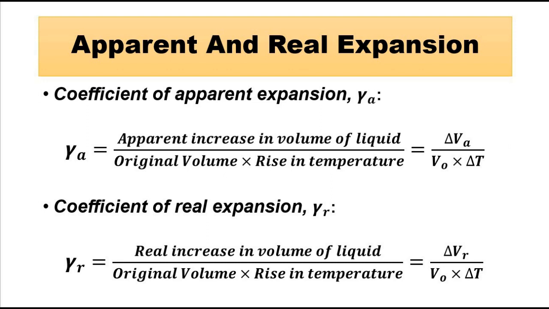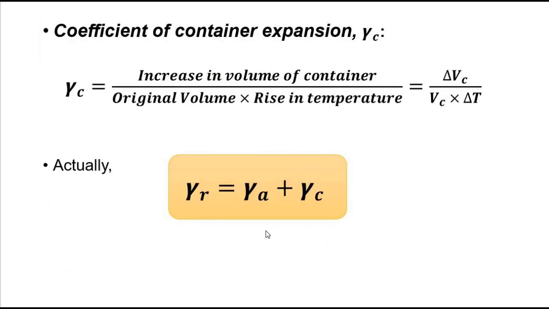The interesting relationship between apparent and real expansion is given by this, where the expansion of the container is also taken into consideration. That's why I said the liquid is heated in a solid container. Both of them will undergo volume expansion. So in order to calculate the real expansion, how much the liquid has expanded, we have to take into consideration the volumetric expansion of the solid container also.